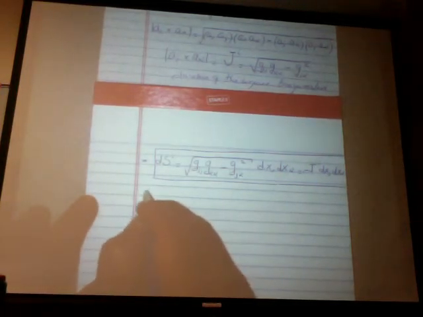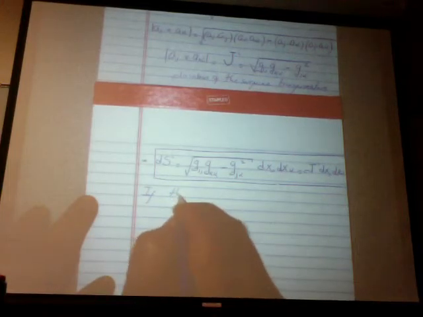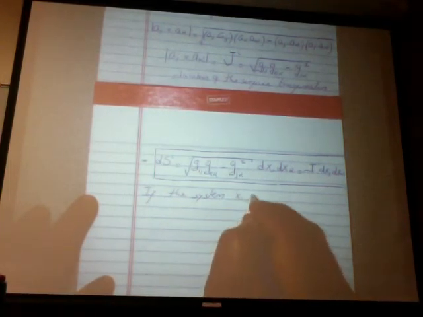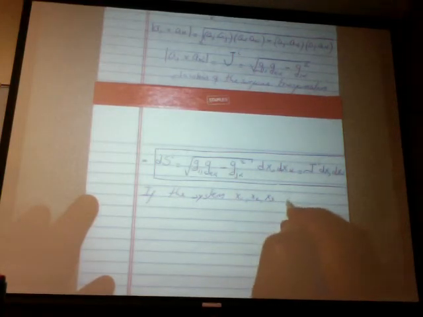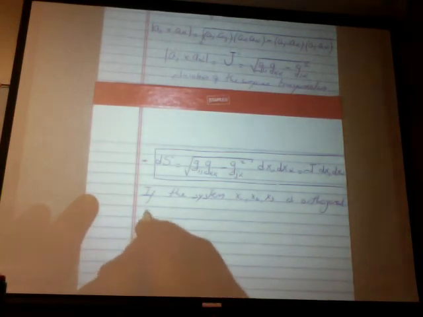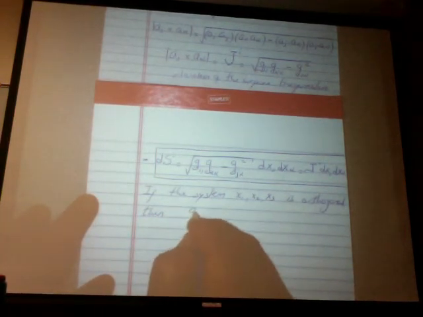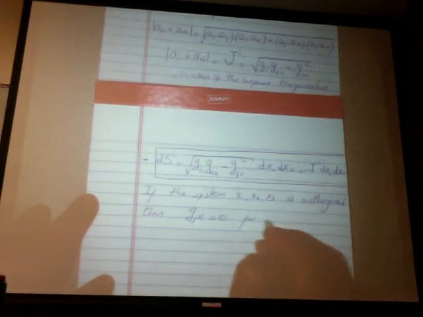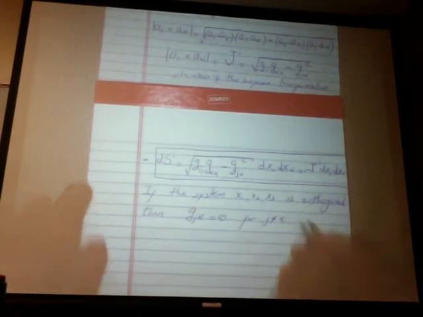So if the system x1, x2, x3 is orthogonal, then gjk is equal to 0 for j different than k.